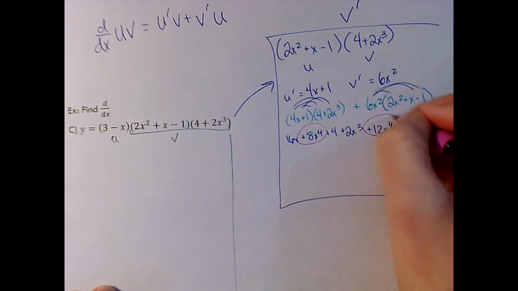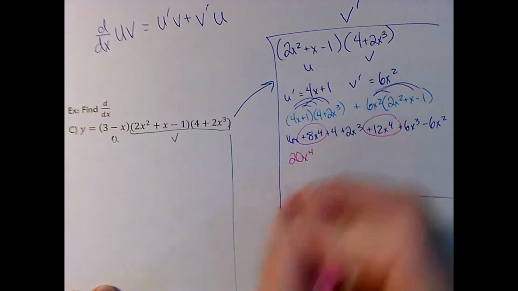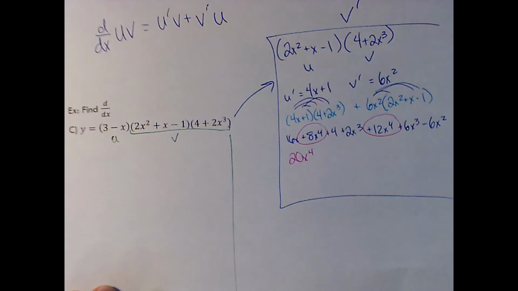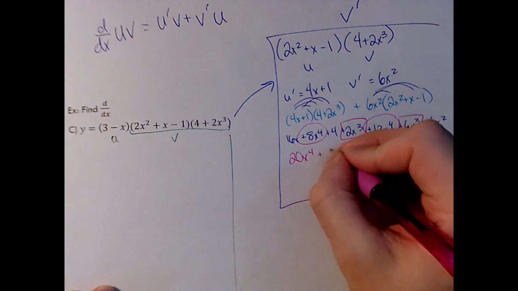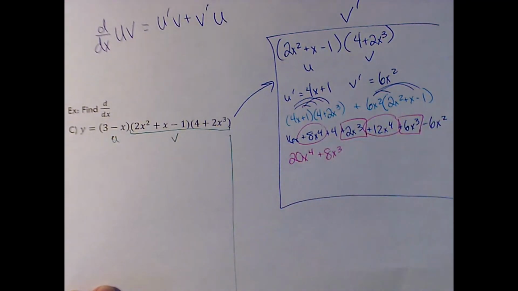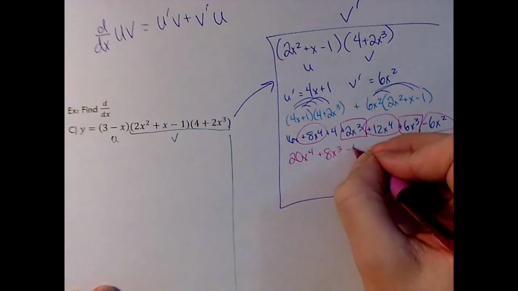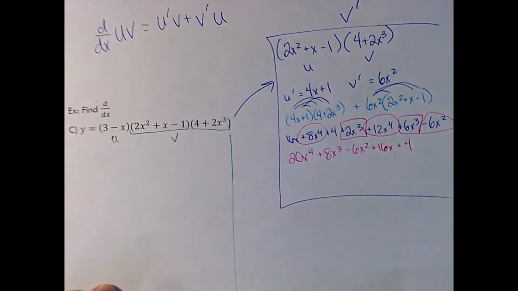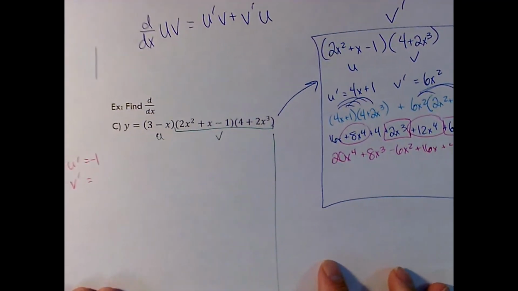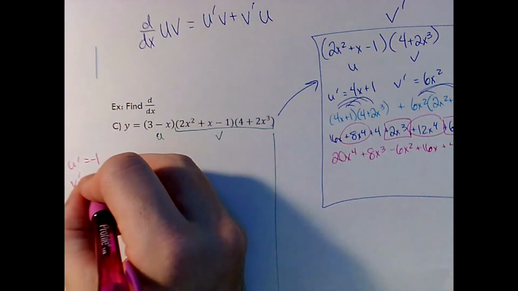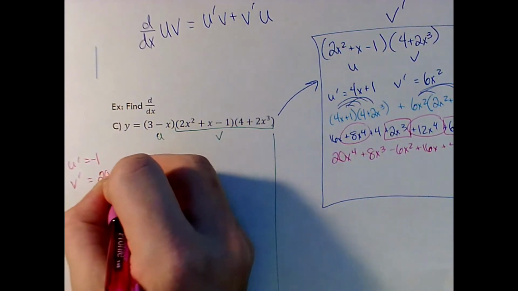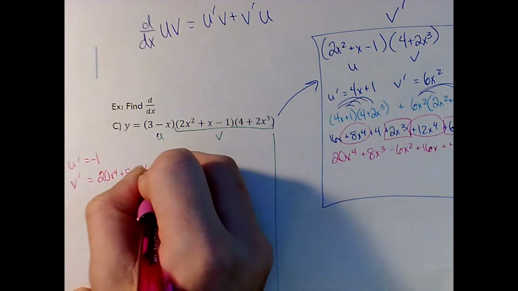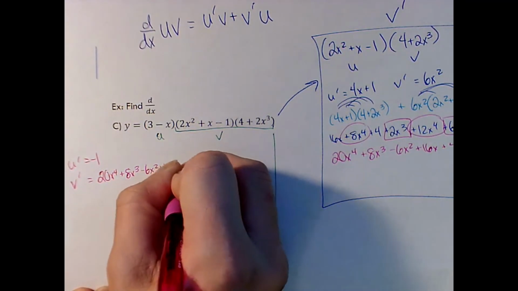Boom, boom. 20x to the 4th, 2x cubed, 6x cubed, 8x cubed, minus 6x squared, plus 16x, plus 4. And that, boys and girls, is v prime. So what was v prime? All the way over here: 20x to the 4th plus 8x cubed minus 6x squared plus 16x plus 4.